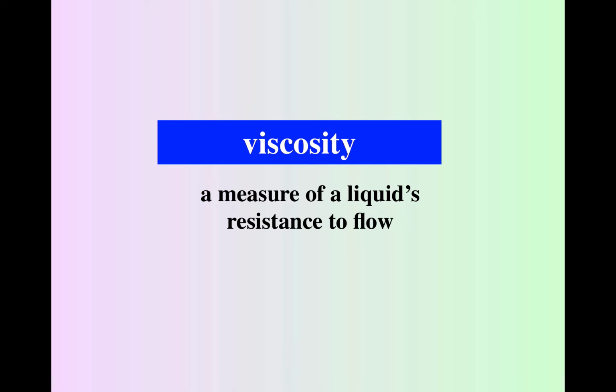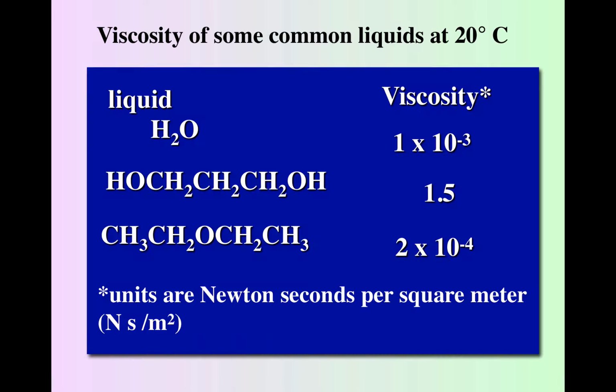All right, viscosity is a measure of a liquid's resistance to flow, and this is caused by, you think of spaghetti. If you're trying to pour a bunch of BBs, they're going to pour easier than a bunch of spaghetti, because the spaghetti gets all tangled up with each other while trying to flow.